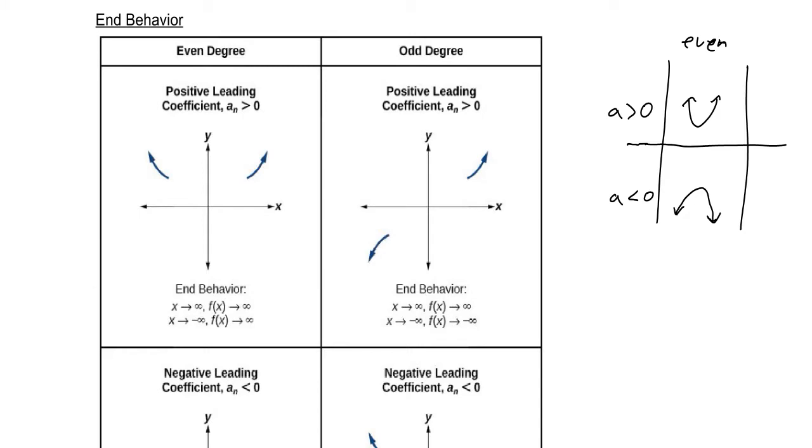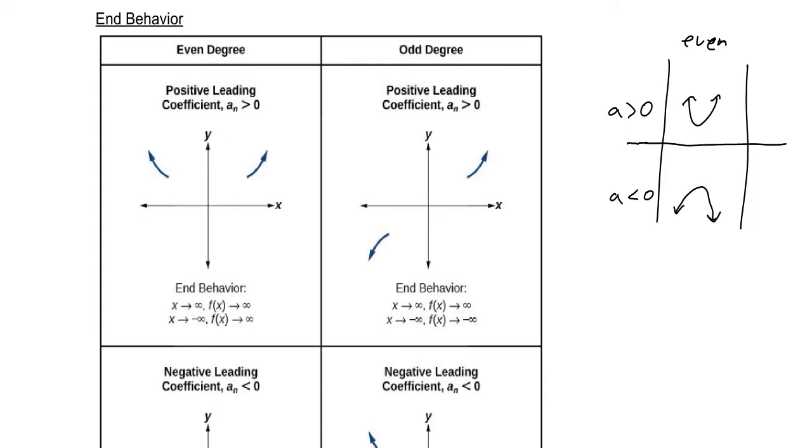Now we have said already that a cannot be 0, the leading coefficient cannot be 0. All right, so for odd degrees, these are going to look like a line, increasing from left to right if a is greater than 0, and decreasing from left to right if the leading coefficient is negative.